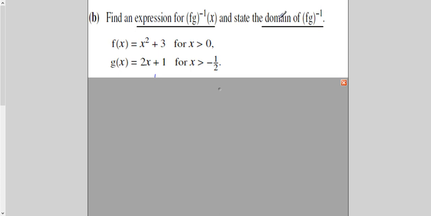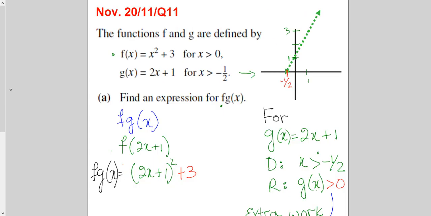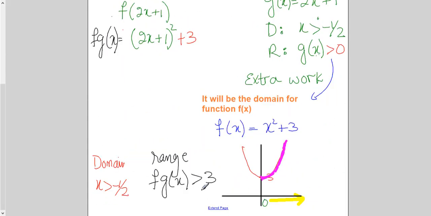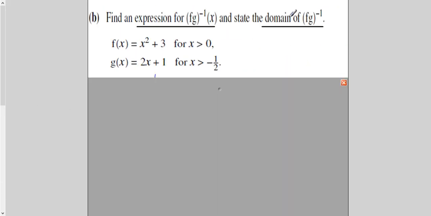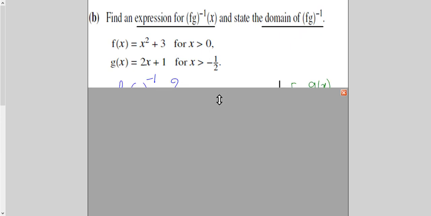So let's check the range of fg, which we have just seen, which is greater than 3. For this part of the question we don't need to do any work because we have done the extra work there. So I know the domain of (fg) inverse will be greater than 3. But we have to find this expression, so let's do it here quickly.